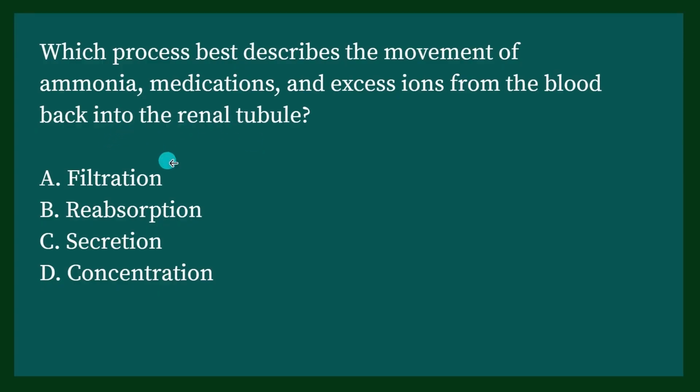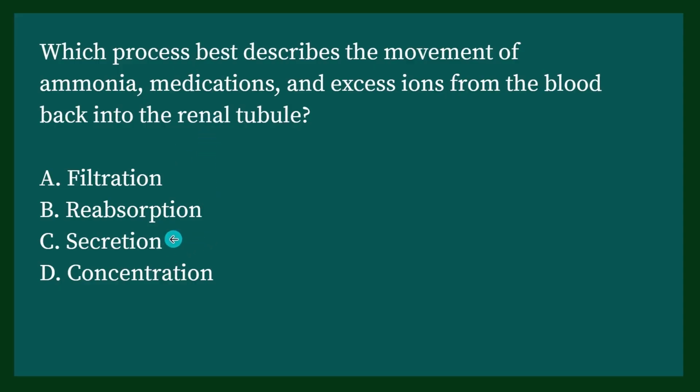Okay, so we have filtration. That's when stuff gets taken out of the blood vessels, and then the blood vessels pick it back up. Then we have reabsorption, movement back into the blood.